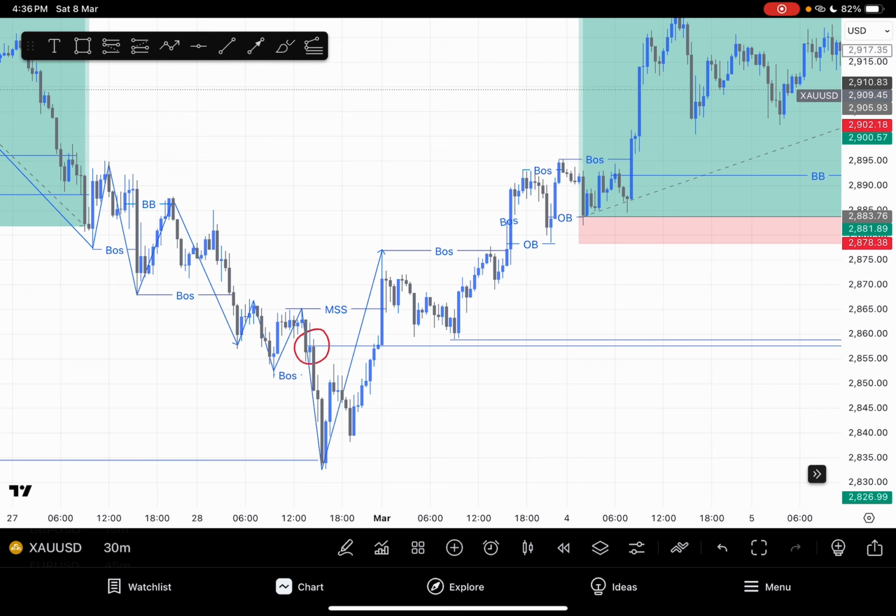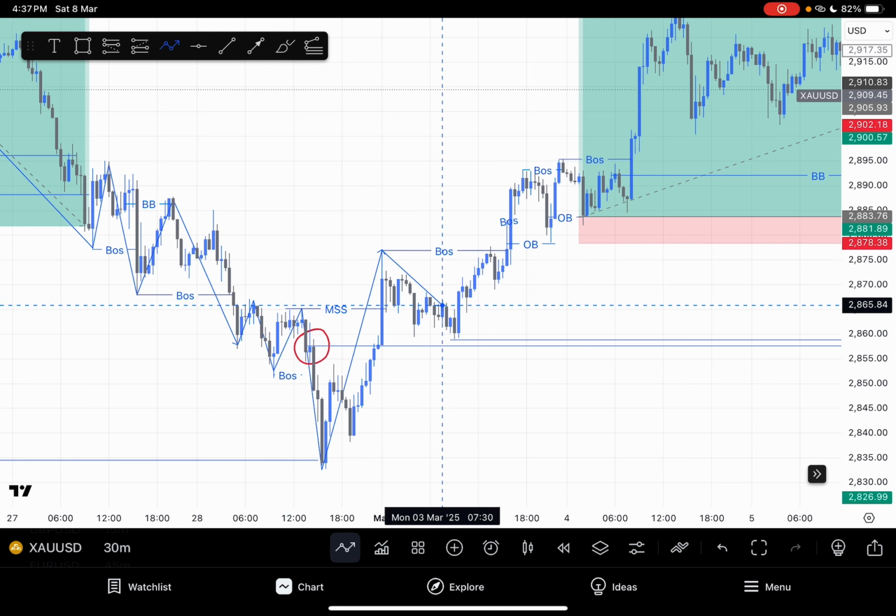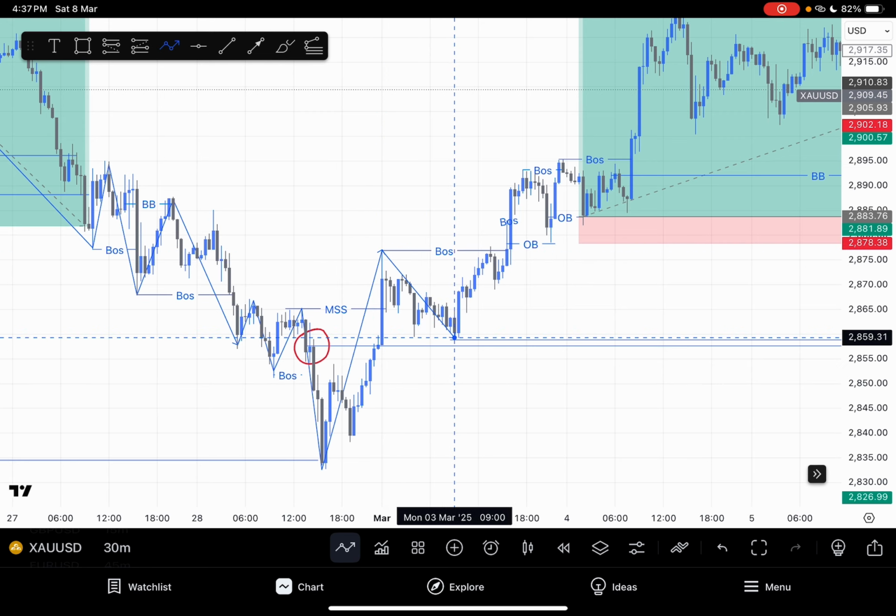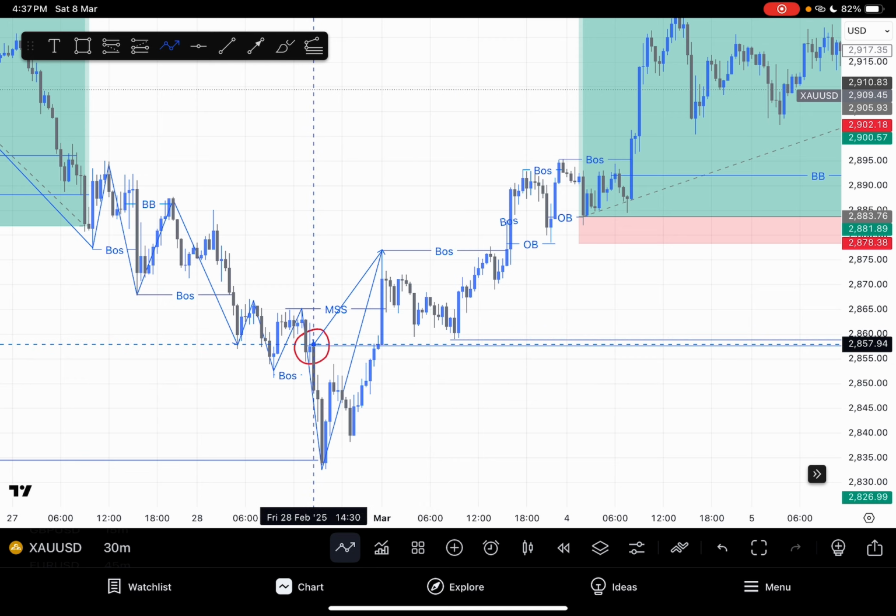And remember what I said, after a market structure shift, the first pullback, if price didn't mitigate the order block or price didn't mitigate the breaker block, the first pullback after the market structure shift, that's your inducement. So now this is the first pullback. Now after the market structure shift, you saw this pullback didn't tap into the body of the candle of this breaker block.